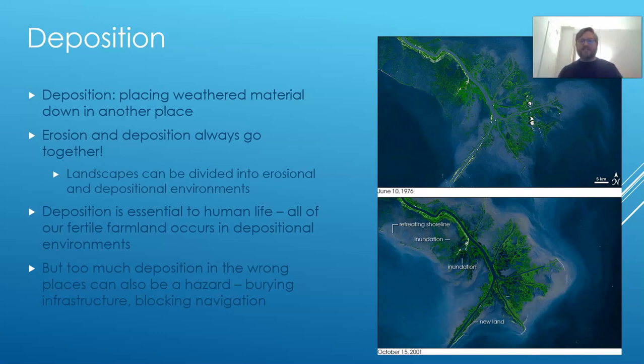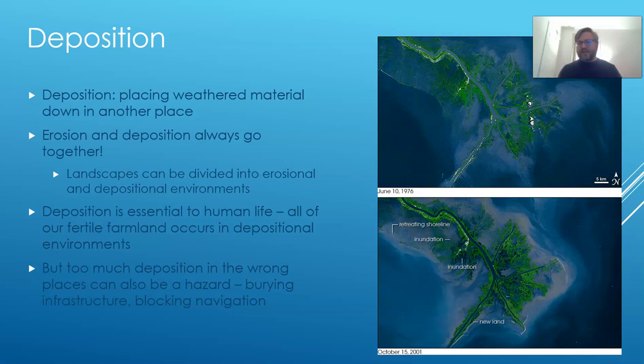The whole watershed of the Mississippi gets brought down and deposited near the mouth, and it builds up land there. If you compare those two satellite images, the upper one is from 1976, the lower one from 2001, you can see changes in the land. You can see land growing in some areas where we have a strong depositional environment.